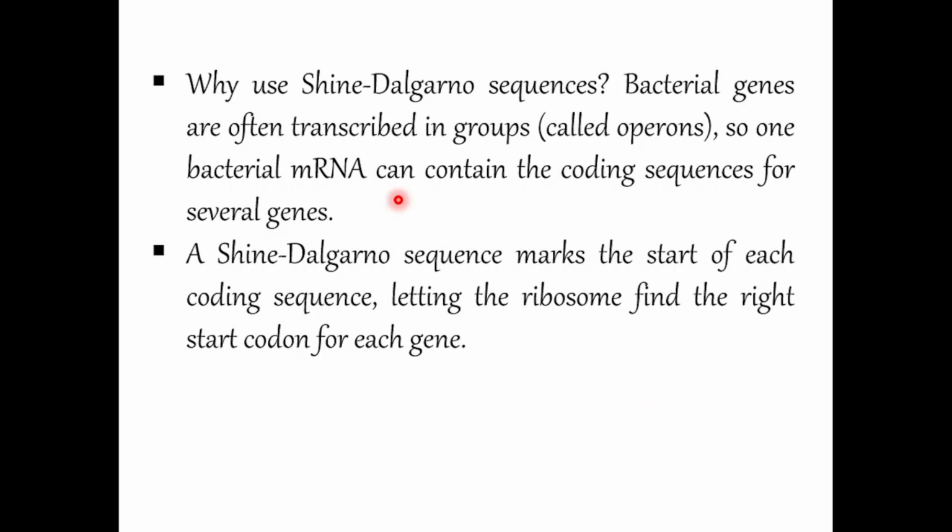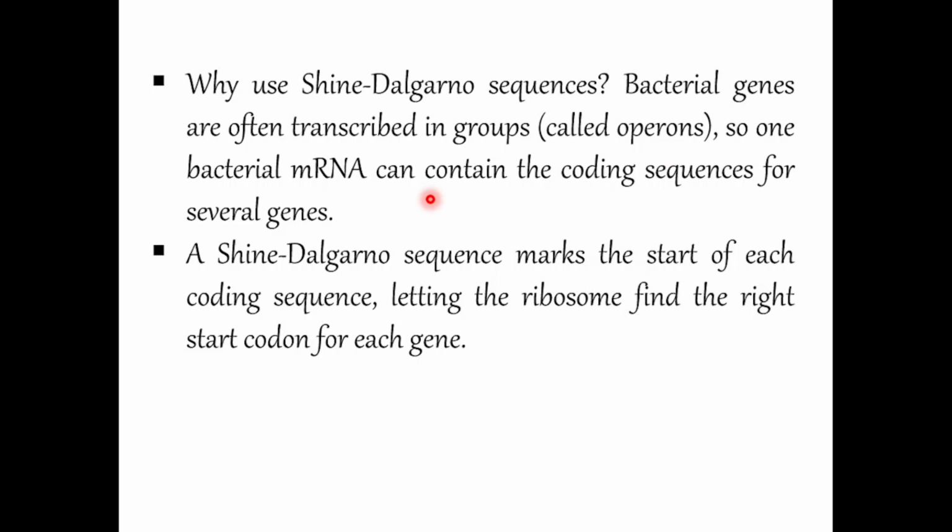The question is, why use the Shine-Dalgarno sequence? Because bacterial genes are often transcribed in a group. That is the operon system. There are many structural genes that are regulated under one promoter. That is polycistronic. Many genes are controlled under one promoter, which is the operon system.